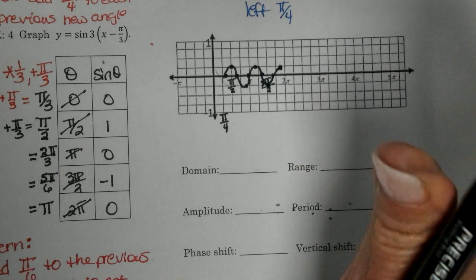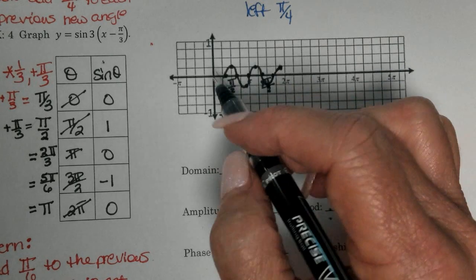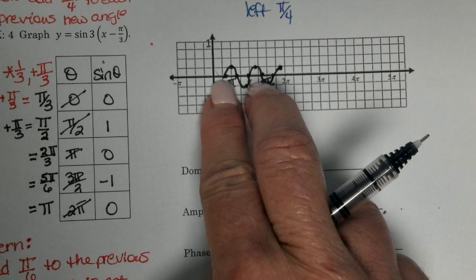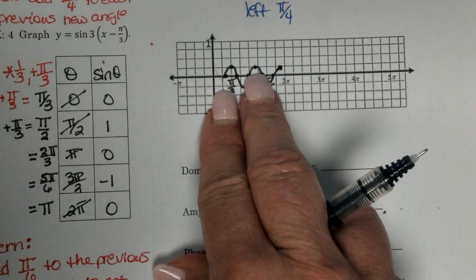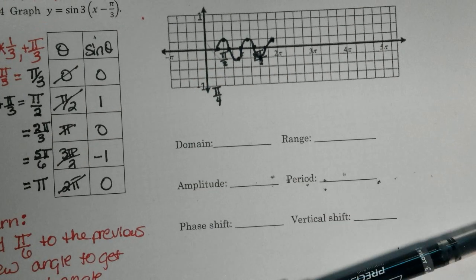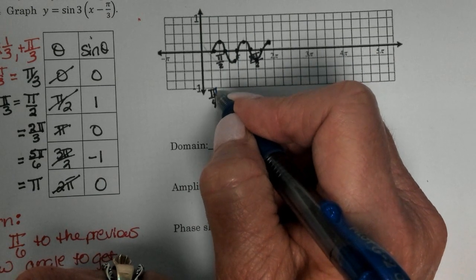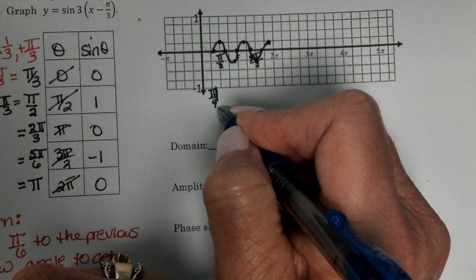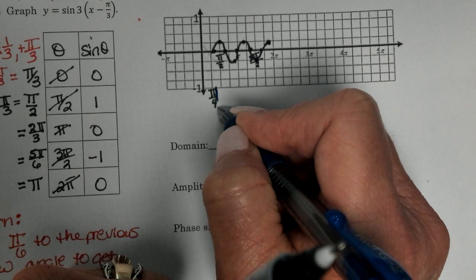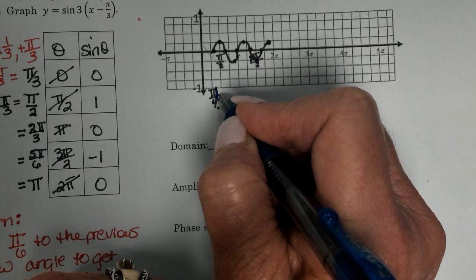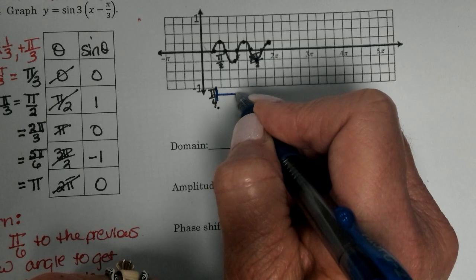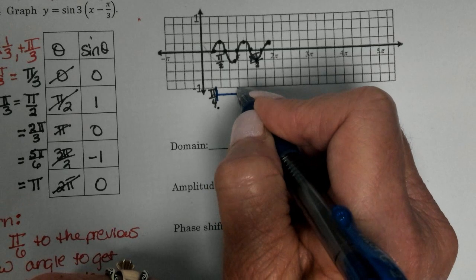I'm just going to stop right there. I just kind of wanted you to have an idea so that you could see how scrunched this is together. And notice that we started right here at pi over 3, and we ended right here at whole pi.